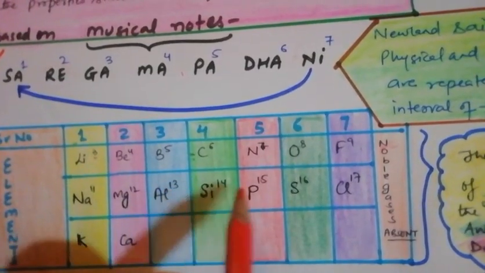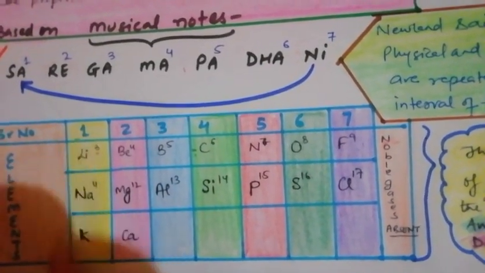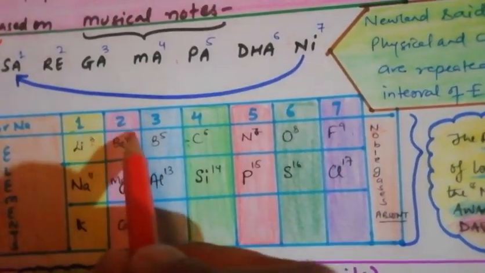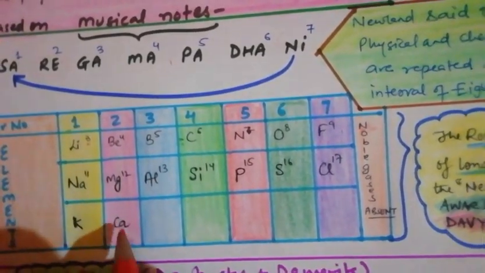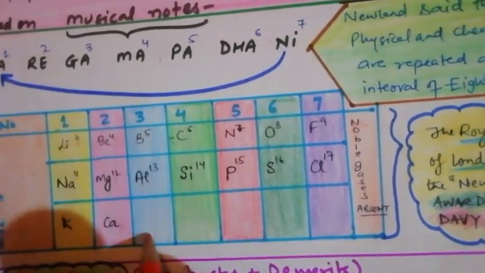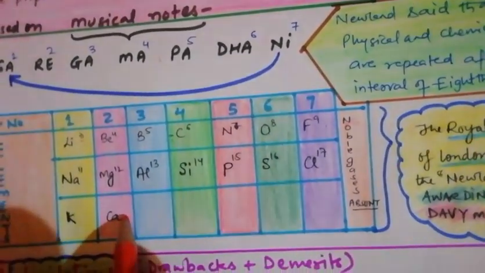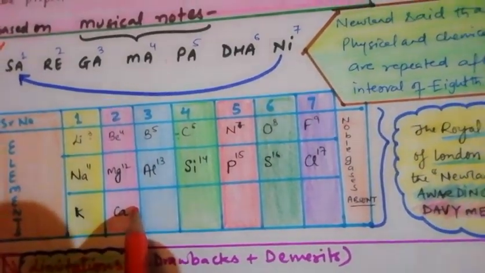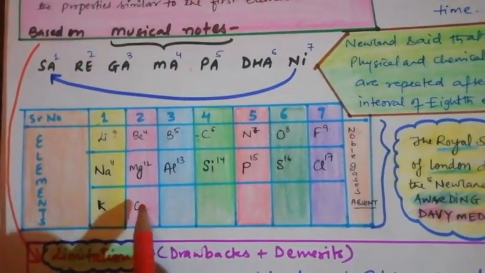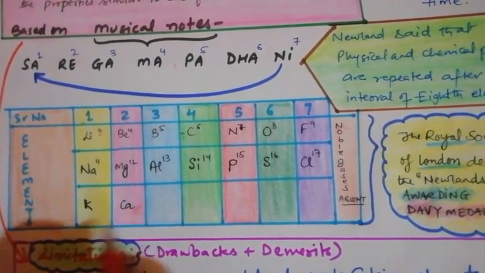Sodium, magnesium, aluminum, silicon, phosphorus, sulfur, chlorine. Even at present, below lithium, sodium and potassium are in the same group, and beryllium, magnesium, calcium are in the same group. But after that, he did not find any element with a common property. That was the biggest limitation. Although 56 elements were known at that time, his periodic table classified only up to calcium.